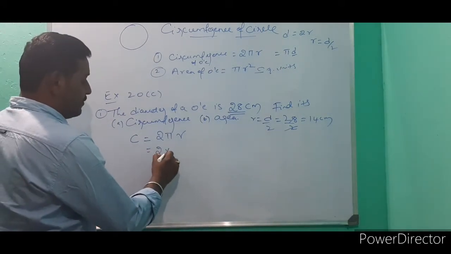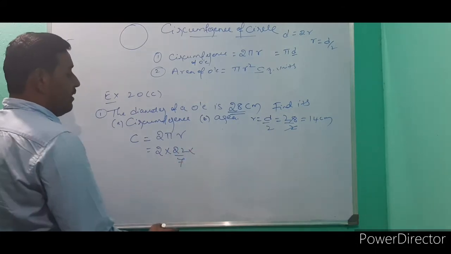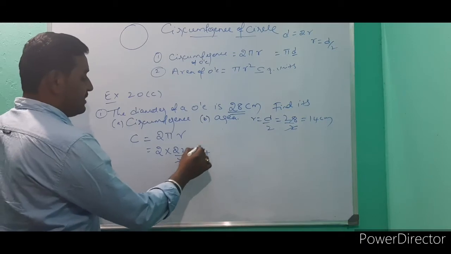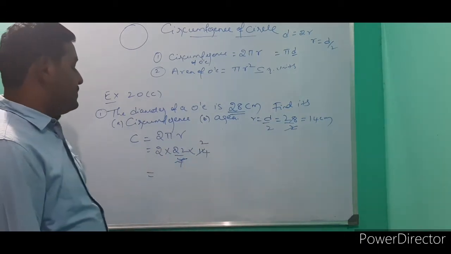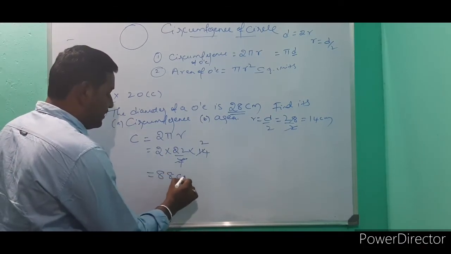So 2 into pi, the value 22 by 7, r means 14. 7 ones are 7, 7 twos are 14, 22 twos are 44, 44 twos are 88 centimeter.